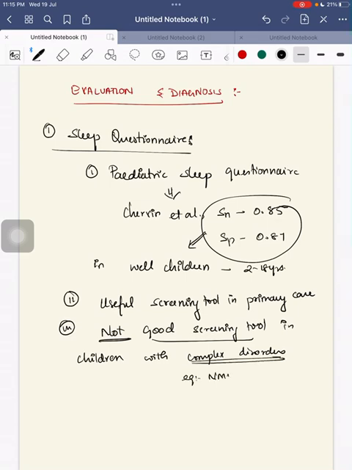Complex disorders include, for example, neuromuscular disorders, craniofacial anomalies, and Down syndrome. Okay, this is about the sleep questionnaire.